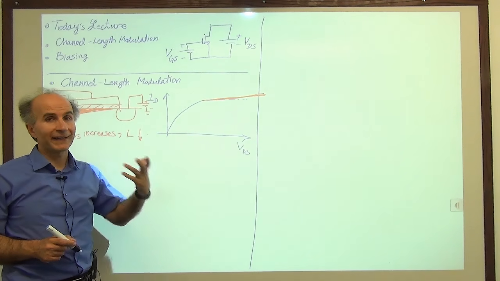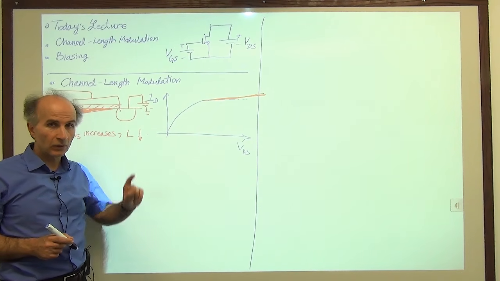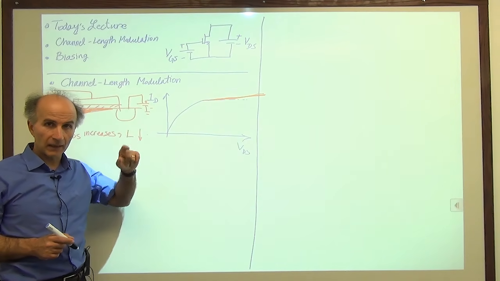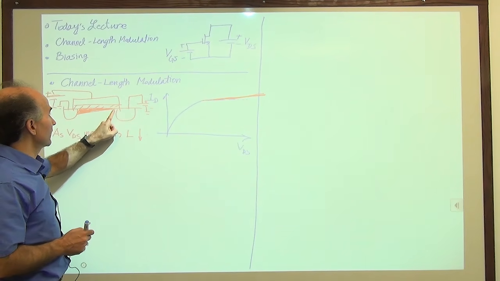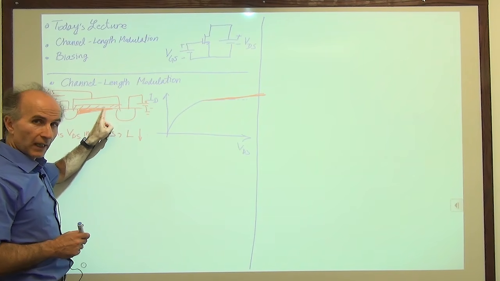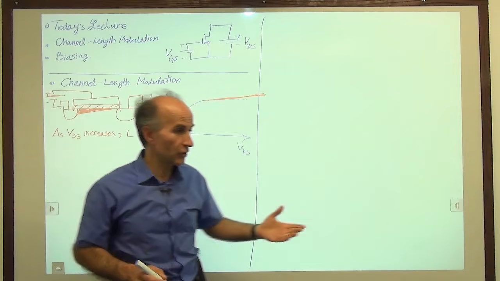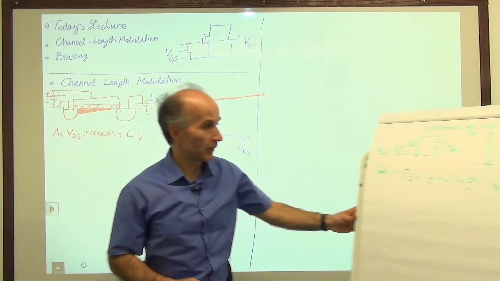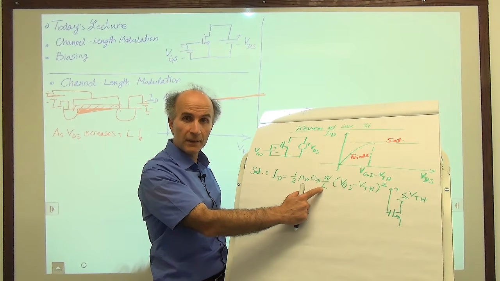Well, if we go back to our integration, now we have to integrate from 0 to L, but this L is not the original L, right? For some drain voltage, we had L over here. For a new drain voltage, we have L over here, and so on.